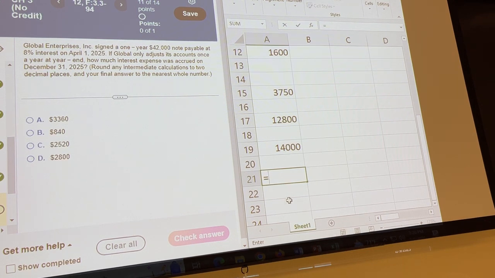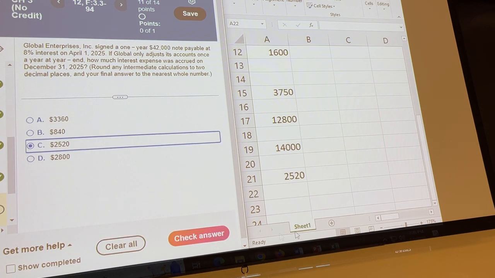We would take the $42,000 principal times 8%, times, it's been outstanding for 9 months, April through December, so times 9/12. So that would be $2,520 of interest.